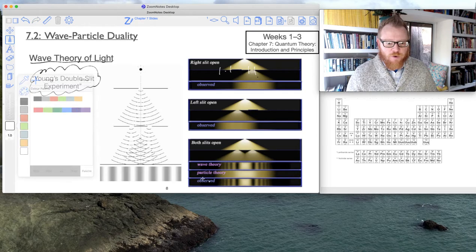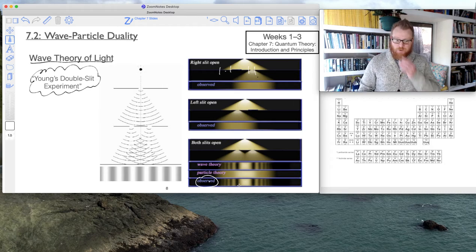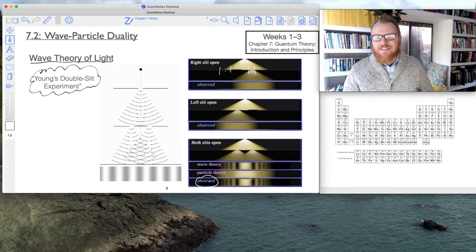So what was observed is down here. And you notice now there's no longer this continuous band of light. There's features. Okay? So it has what I'll call a striped pattern, right? There are some regions where there's no light, and some regions where you do see some light.